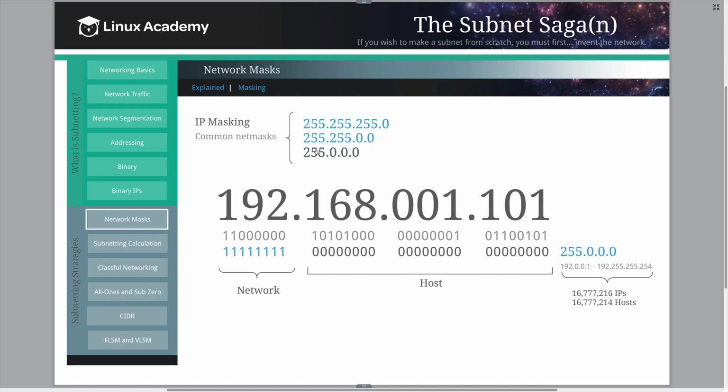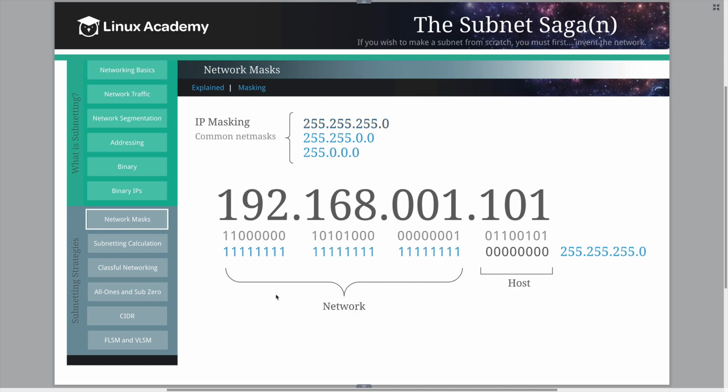So for instance, in this example, the 255.0.0.0, we have very little network space with a lot of host space. In contrast to 255.255.255.0, where we have a lot of network space, so lots of networks with only 254 hosts.